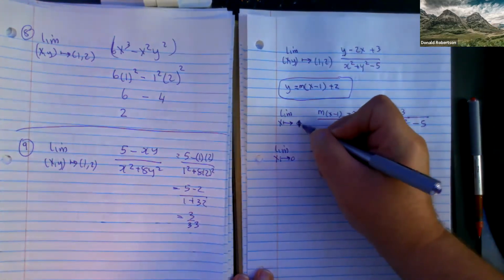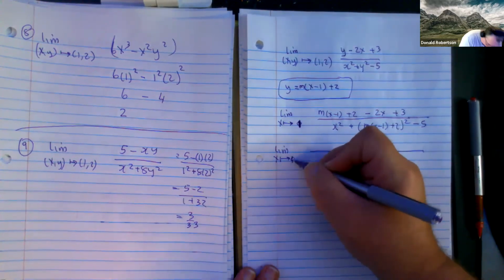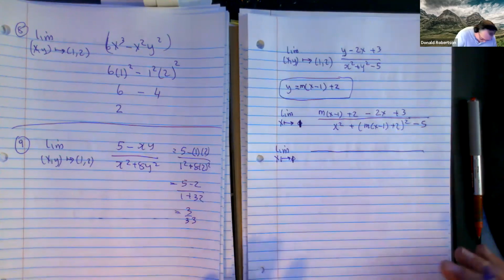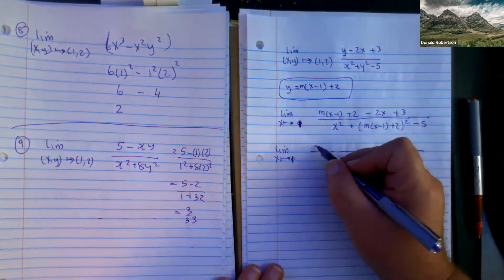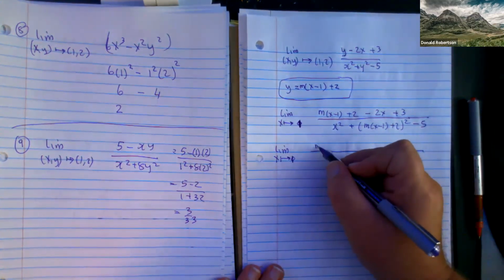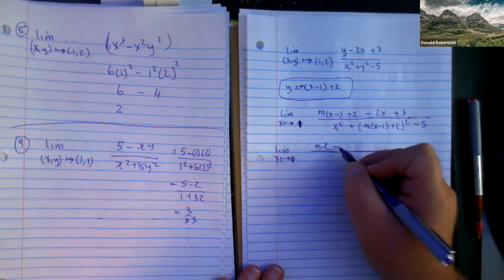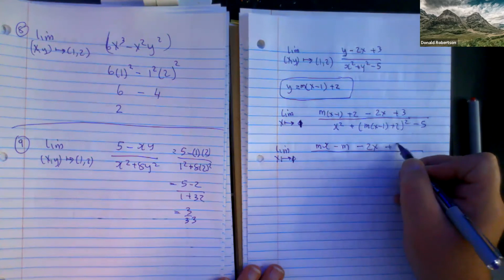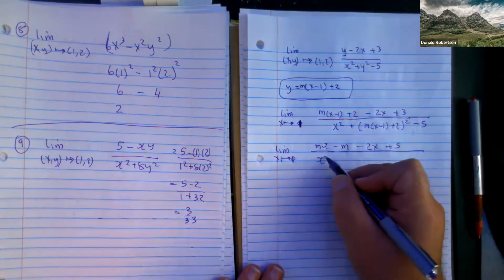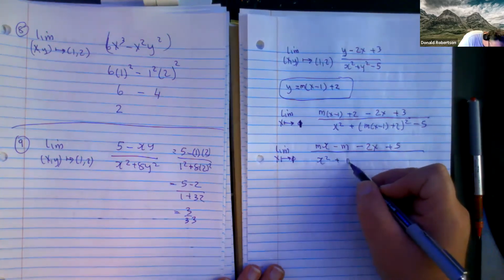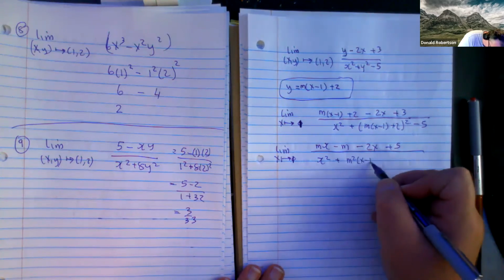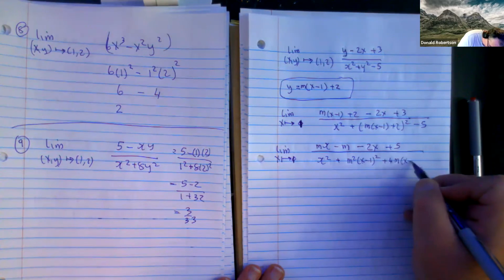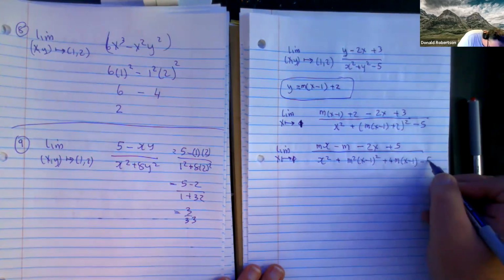And by the way, that's 1, not 0. So this becomes mx, take away m, take away 2x, add 5. And this becomes x squared plus m squared x minus 1 squared plus 4m x minus 1's, take away 5.